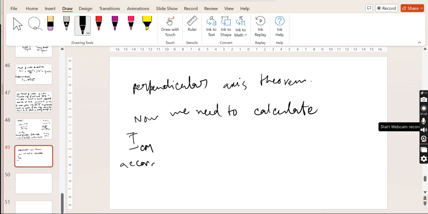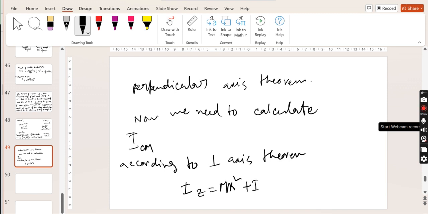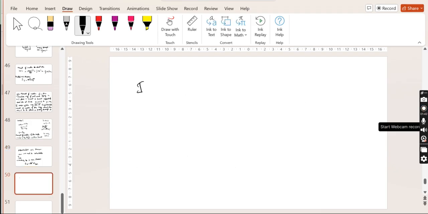According to the parallel axis theorem, I_z is equal to I_z center of mass plus m d square. So here we need to calculate I center of mass, so that will be I minus m d square.